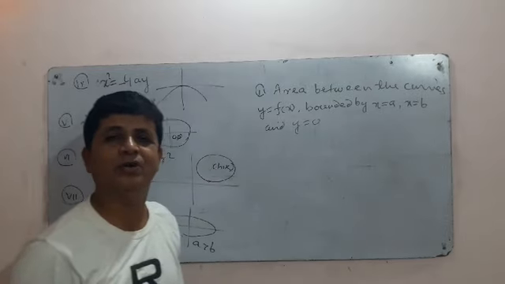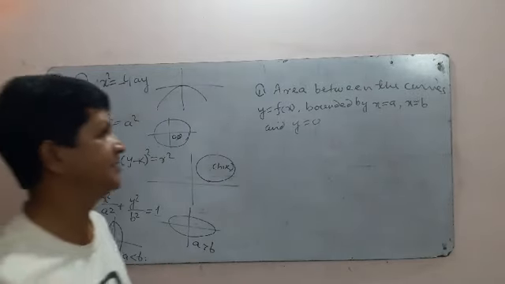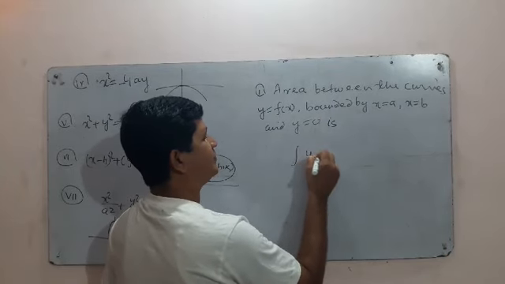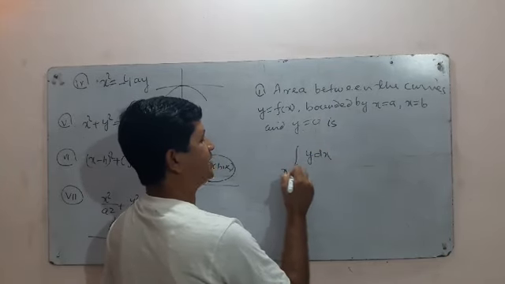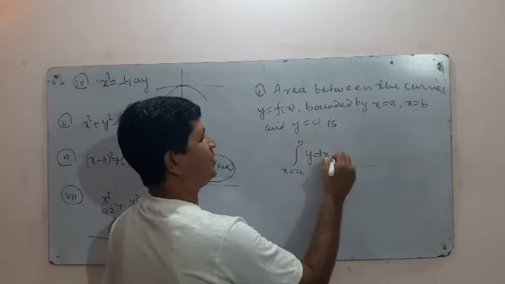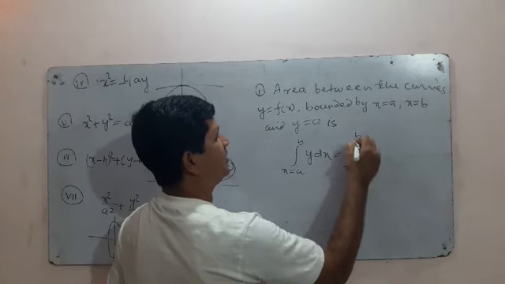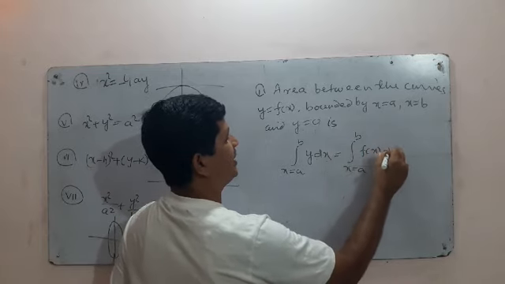What do you mean by y equal to 0? That is the x-axis. The area is the integration of y dx, x varies from a to b, or the integration from a to b of f of x into dx.